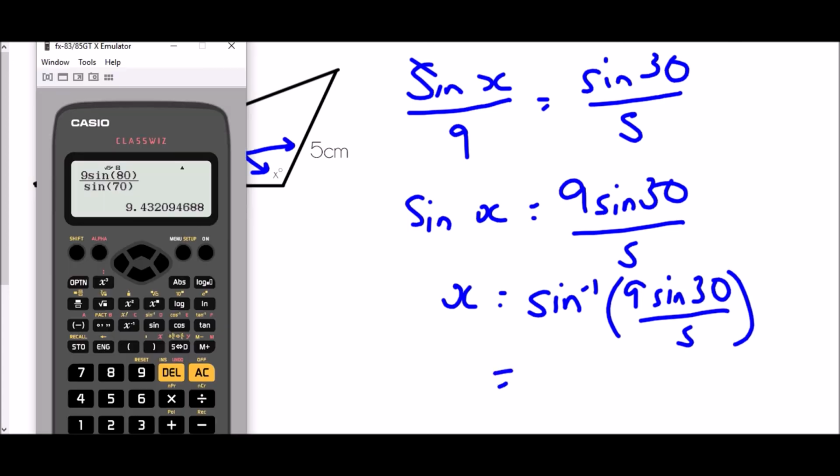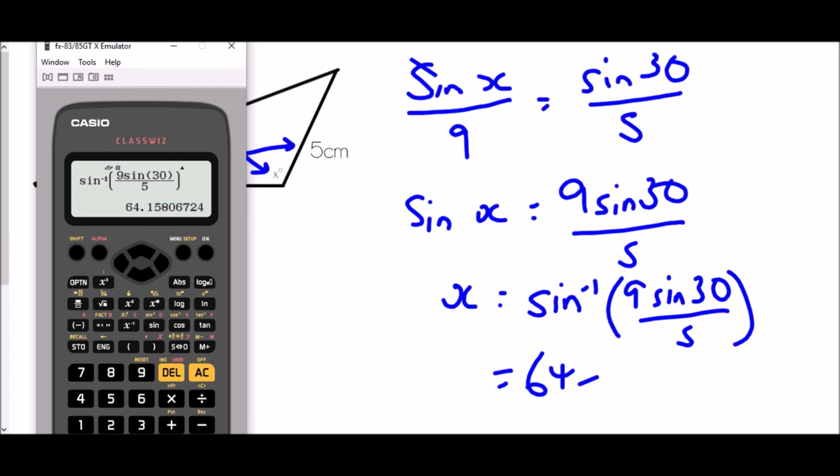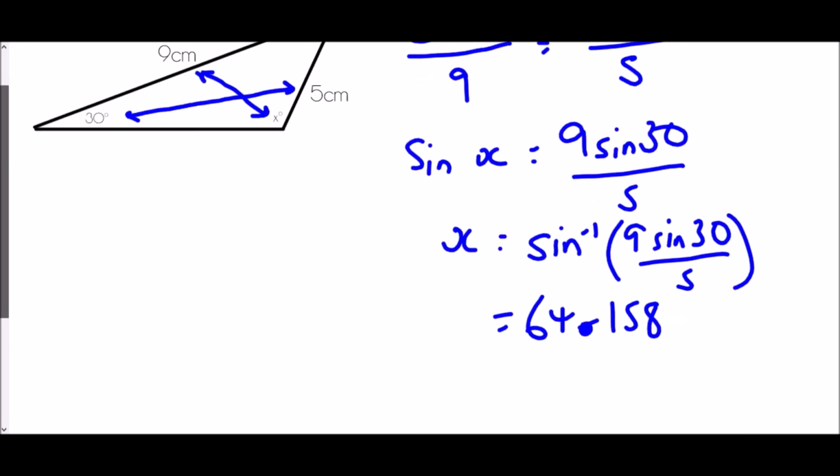And if we type that into our calculator, we get shift sine of 9 sine 30 all over 5, close the bracket, and it tells me that the answer is 64.158. Now, quite clearly, this is not an acute angle. It is an obtuse angle, and what you must recognise here is that this is not actually the correct answer.